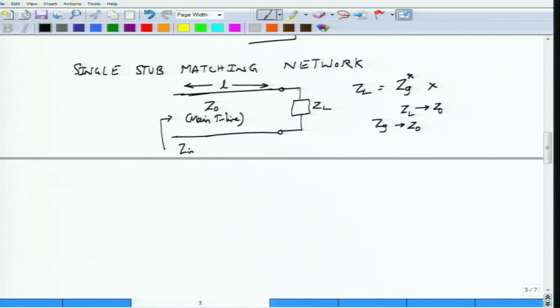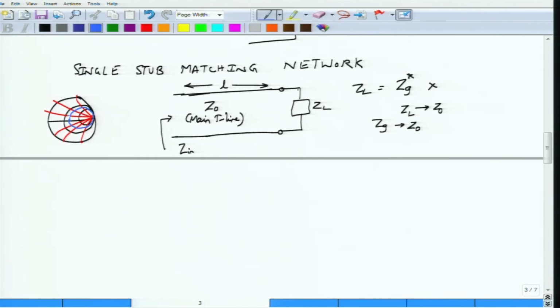Okay, now what we do here is that as you go through ZL, let's plot the corresponding Smith chart over here. Don't take the Smith chart too literally, this is just to give you an idea. Okay, so I have these constant r and x circles, correct? On the Smith chart I have all these constant circles. Now I also know that there is a unit circle on the Smith chart, right?